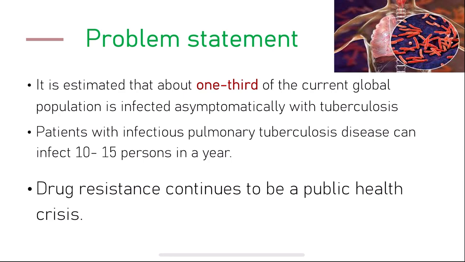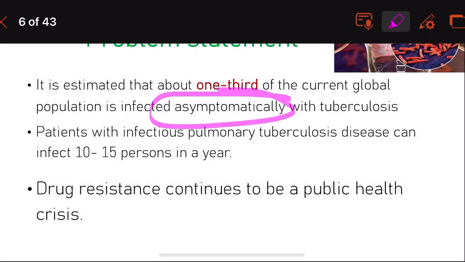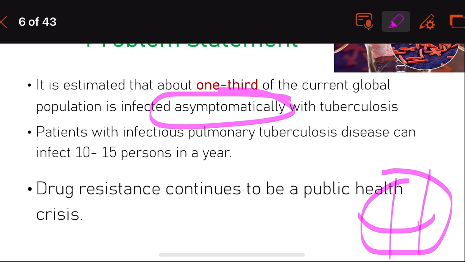It is estimated that about one third of the current global population is infected asymptomatically with TB. Don't forget the point, it is asymptomatic. Divide the world's population into three, out of which one third is asymptomatically affected with TB.